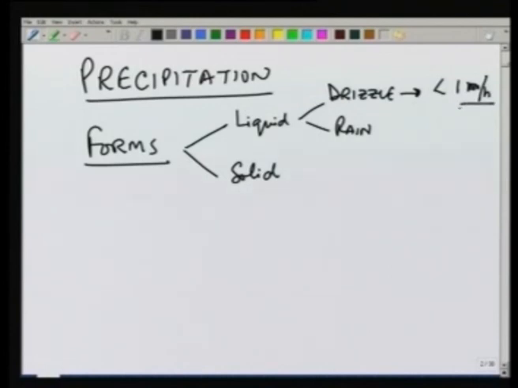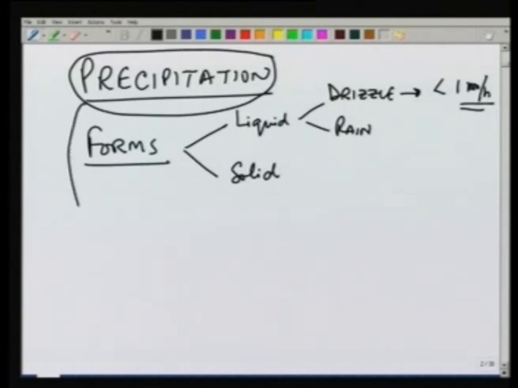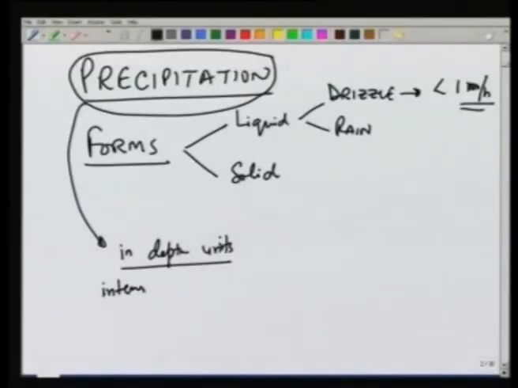The rainfall or the precipitation is measured in terms of depth, in depth units. So, when we say that there is a precipitation of 1 millimeter or 1 centimeter, it indicates that over a certain area, if the entire precipitation which is falling stands on that area uniformly, it will have a depth of that much, for example, 1 centimeter or 1 millimeter, and the intensity of precipitation is measured in terms of depth per unit time.